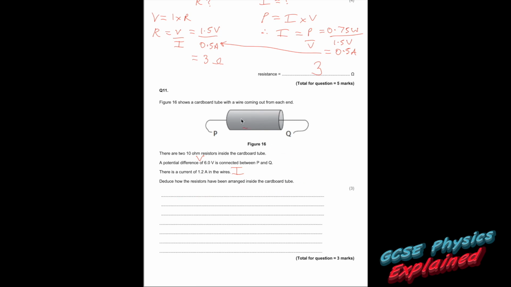Right, well, they've either been arranged in series or they've been arranged in parallel. So first of all, let's work out what the resistance is, and then we'll be able to tell whether they've been connected in series or parallel. So Ohm's law and then rearrange that to find resistance.